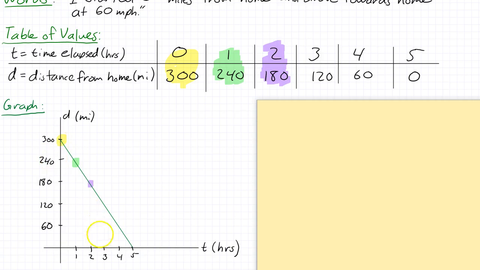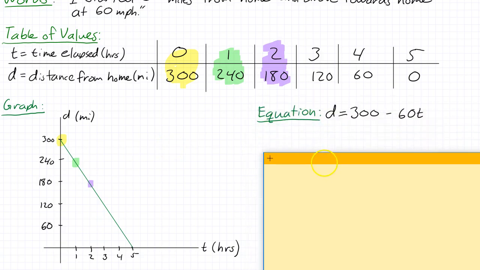Sometimes the graph shows you the information you need. Sometimes it's easier to think with a table. We're going to need to be fluent in both, and how to go from a table to a graph, how to go from a graph to a table, and of course how to go from a description in words to all of these things.